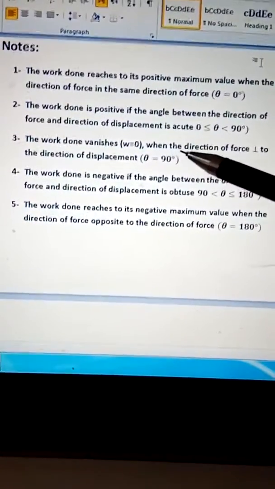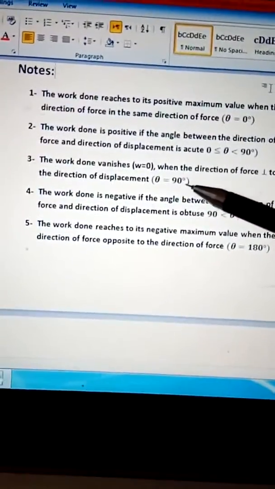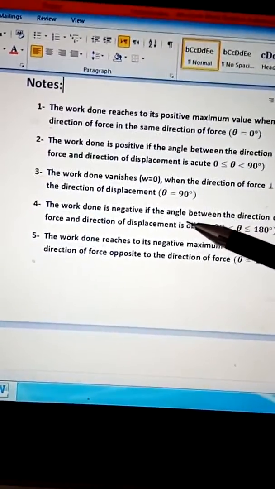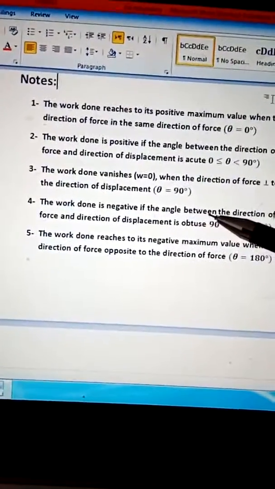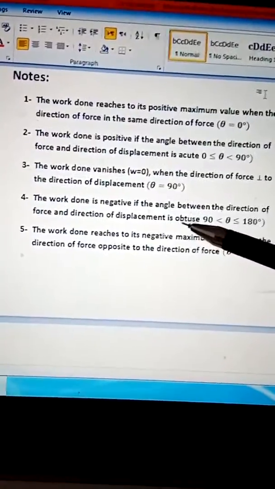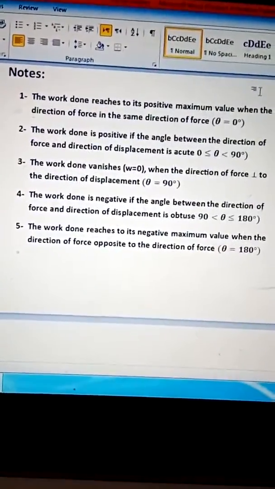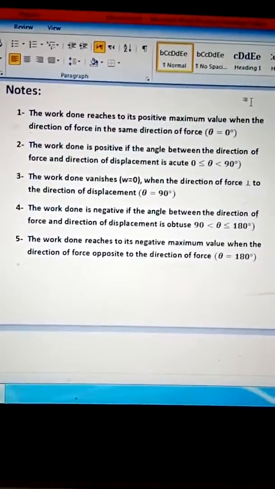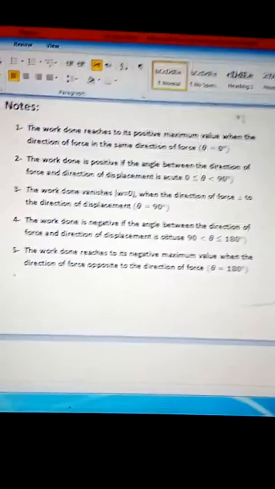Work done vanishes, or equals 0, when the direction of force is perpendicular to the direction of displacement. Number 4, work done is negative when the angle between the direction of force and displacement is an obtuse angle. And finally, work done reaches a negative maximum value when the direction of force is opposite to the direction of displacement.